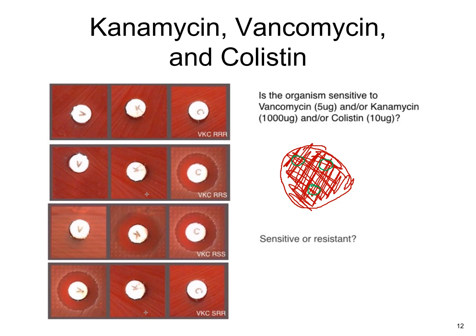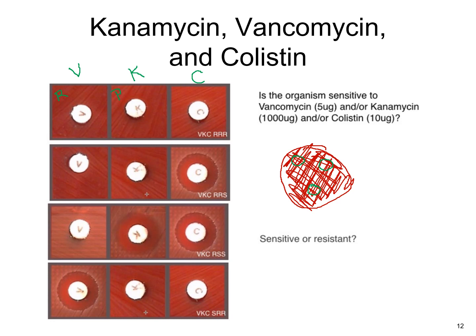So here are some examples of those patterns. In this very first column, you have your vancomycin, your second column is kanamycin, and your colistin is the third one. And so with each of these different rows here, with our first one, you've got growth all the way up to that disc, so this would be considered resistant.